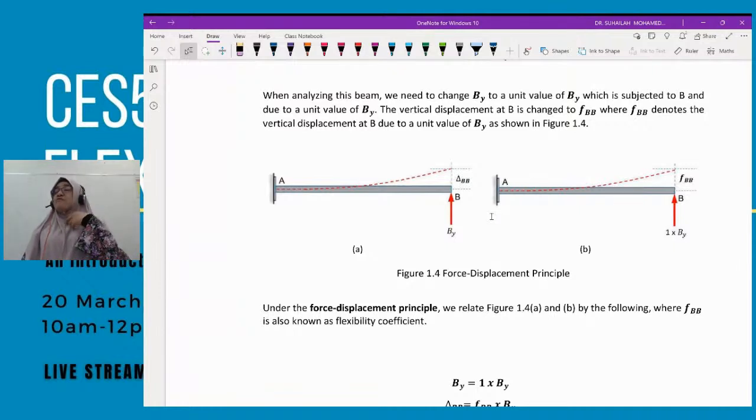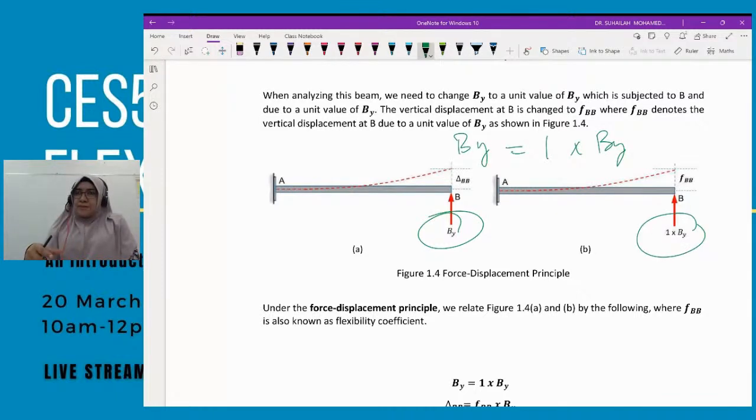So what we need to do is we have to apply. This one I am just informing you. So for the solution, we take By times By, here. So we know, can we calculate the reaction due to a unit value?